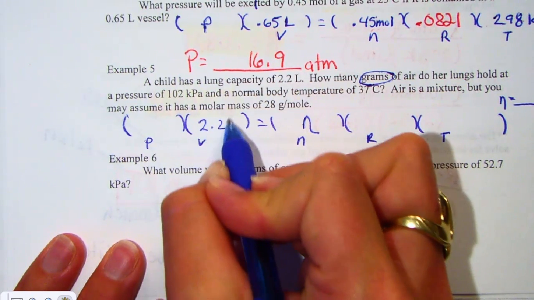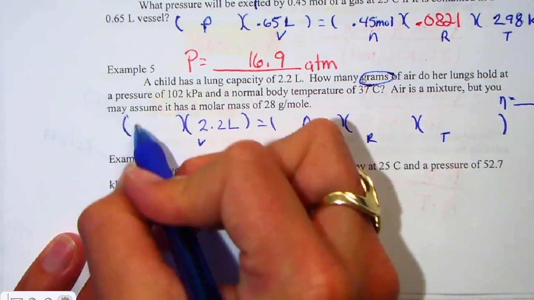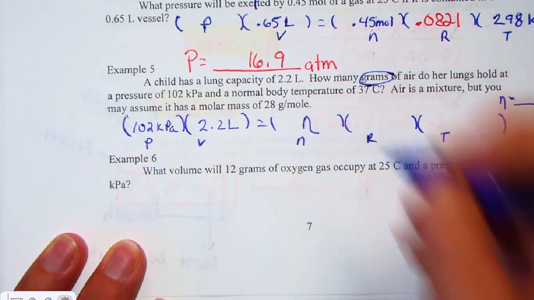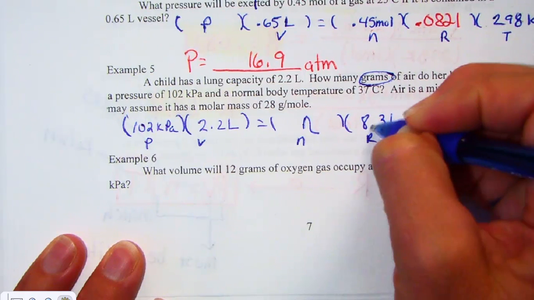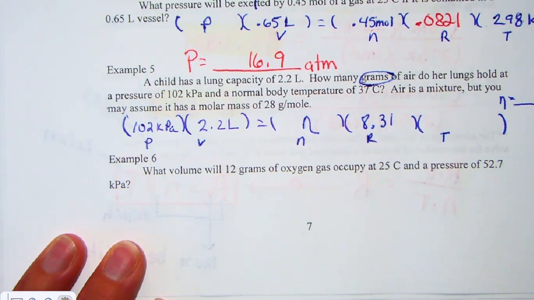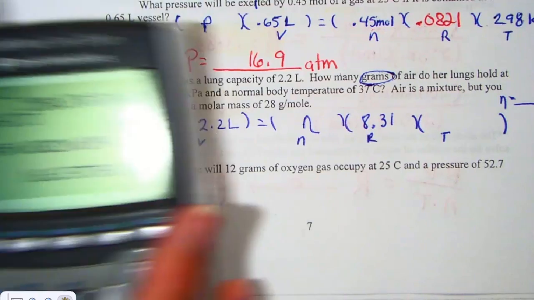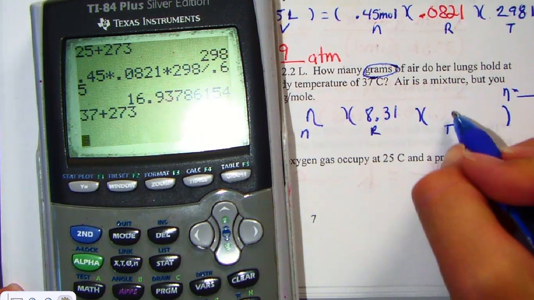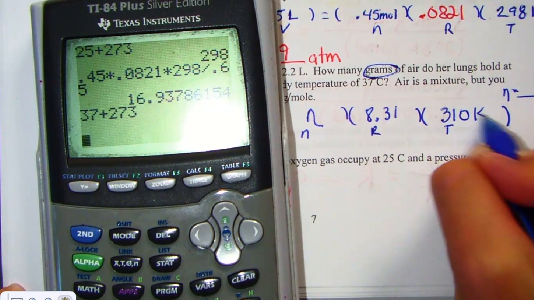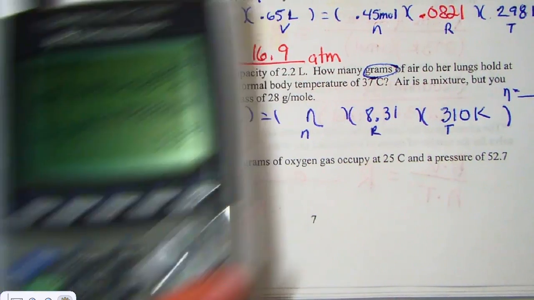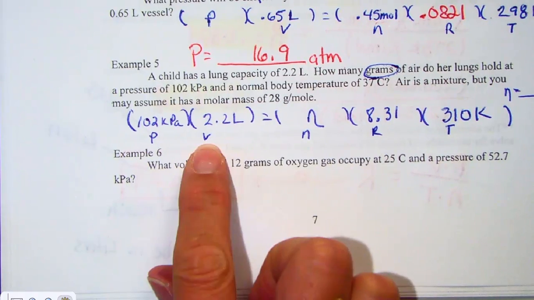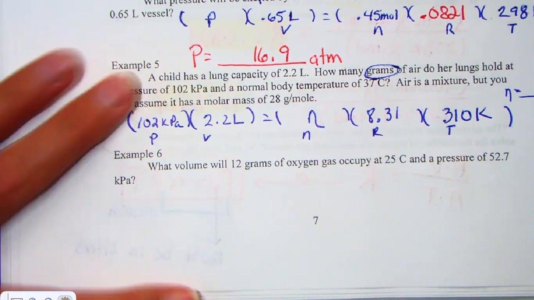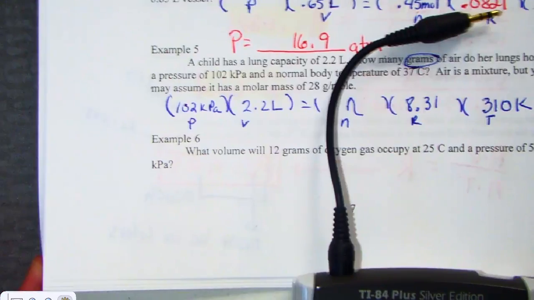Capacity of the lung, 2.2 liters. The pressure unit, 102 kPa for kilopascal, determines the R constant that we match it to, 8.31. Body temperature is 37 Celsius. In a Kelvin unit, the body temperature is 310. We have PV divided by RT, and we'll find moles of the air inside of this child's lung.